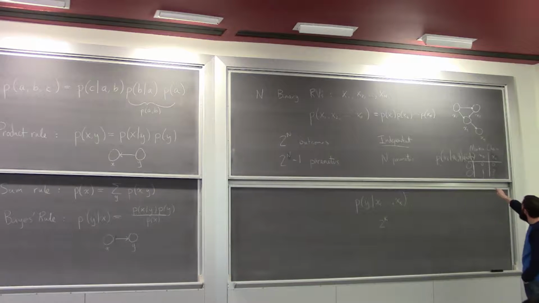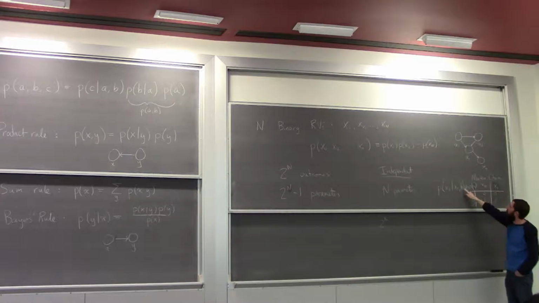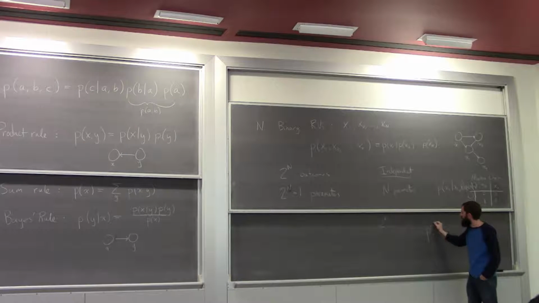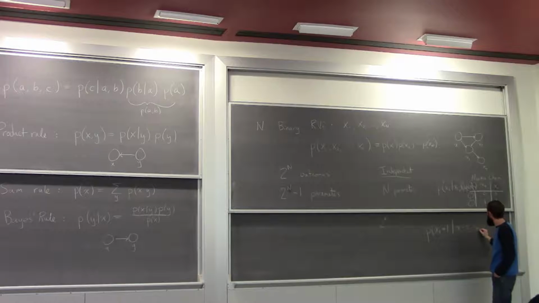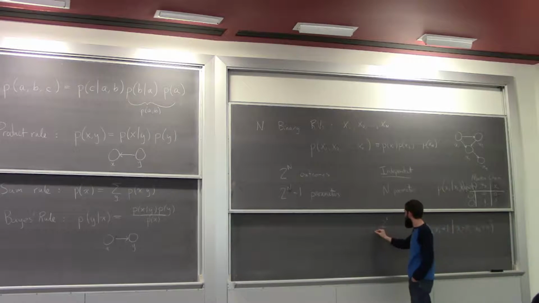If I tell you x1 equal to 0, x2 equal to 0, and the probability of x3 equal to 1 given x1 equals 0 and x2 equals 0, this is equal to 1 minus the probability that x3 equals 0 given x1 equals 0, x2 equals 0.